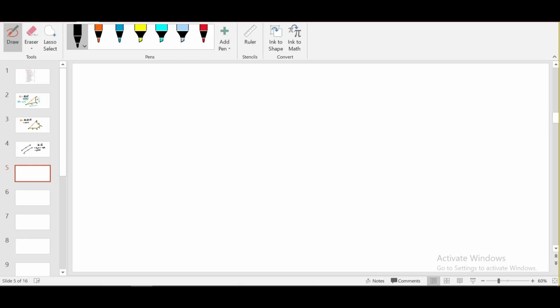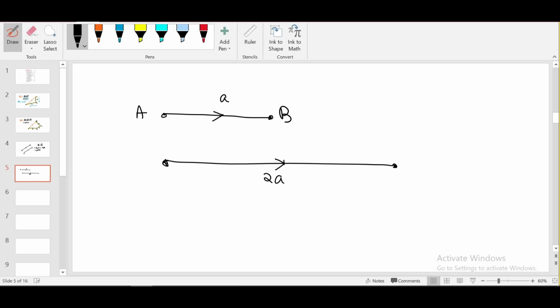Now the next thing. I'm gonna take a vector and denote it as a, and I take one more vector, let's say it's 2a. Now listen carefully. This one I'm going to take as vector AB, and this is vector PQ.